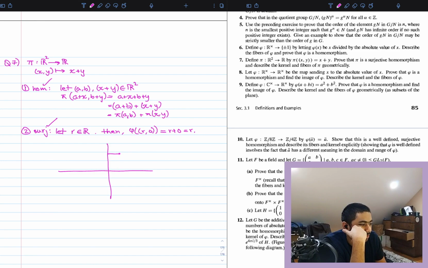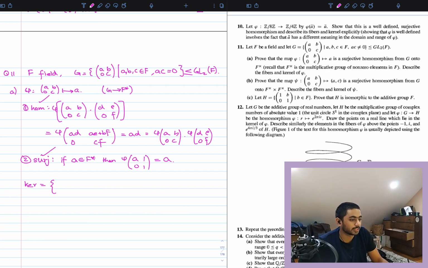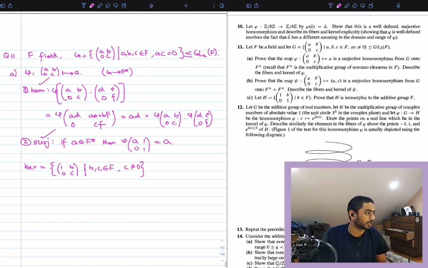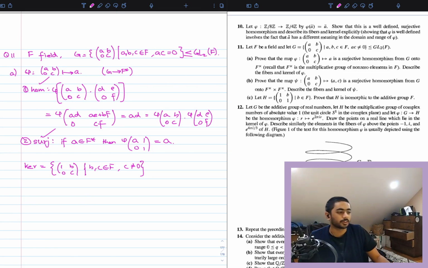The nice geometric way really just comes down to take a point and then rotate it down along this way. And this is where it gets sent. So the kernel is things that look like this, where b and c are in F and c is not 0. That's the kernel. And then fibers are kind of similar. Instead of 1 here, you just stick in whatever the thing is whose fiber you're looking for.